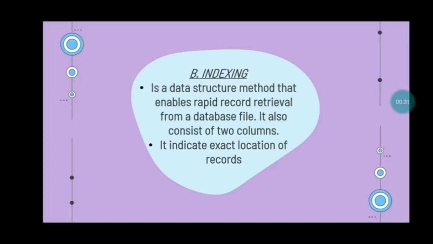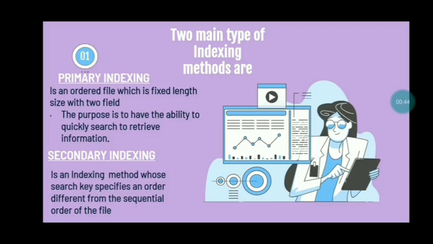So isa ito sa paraan upang magbigay daan para sa mabilis na pagkuha ng tala mula sa isang file. Aside from that, ipinapahiwatig din ng exact location ng mga talaan. So there are 2 main types of indexing methods: primary indexing and secondary indexing. For the primary indexing is an ordered file which is fixed length size with 2 fields.